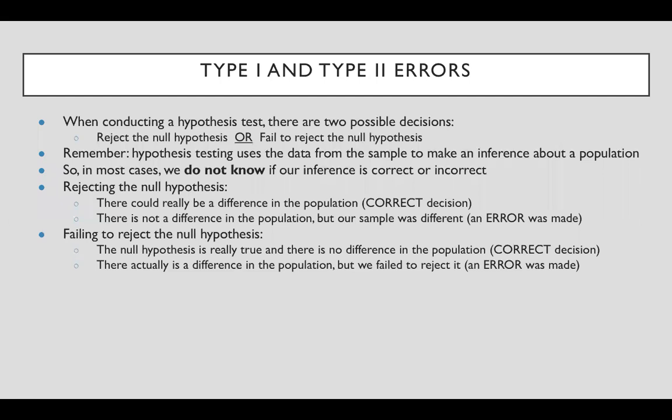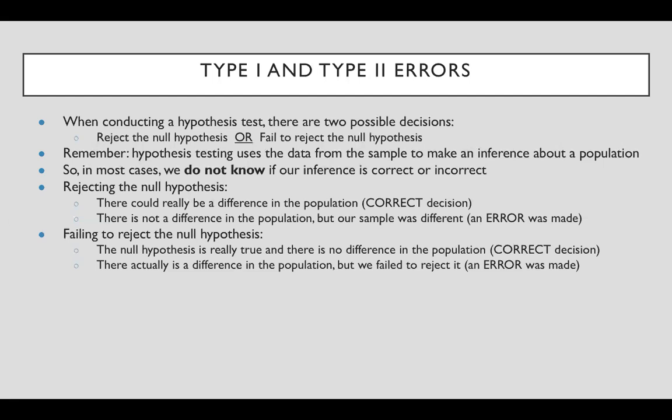When you're conducting a hypothesis test, there are two possible decisions at the end of your test. You can either reject the null hypothesis or fail to reject the null hypothesis. In most cases, we actually don't know if our decision is correct or incorrect in real life.